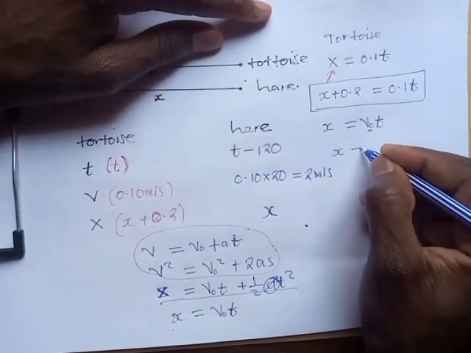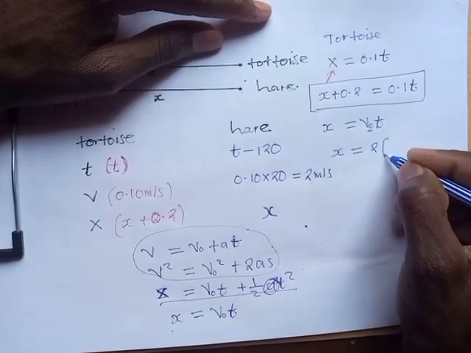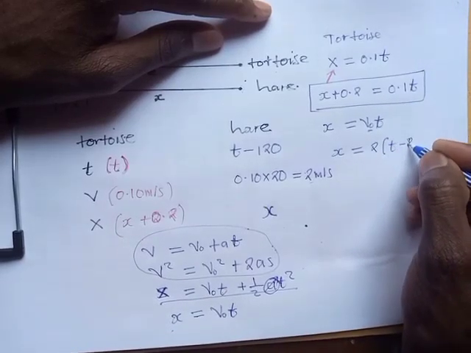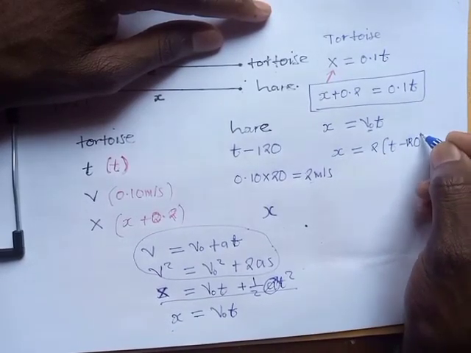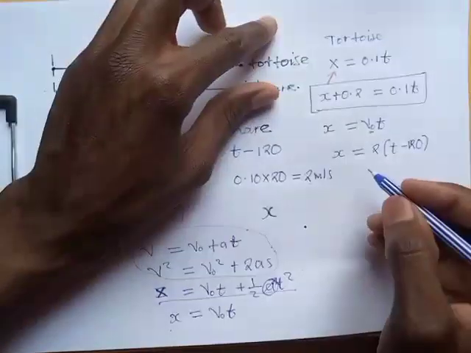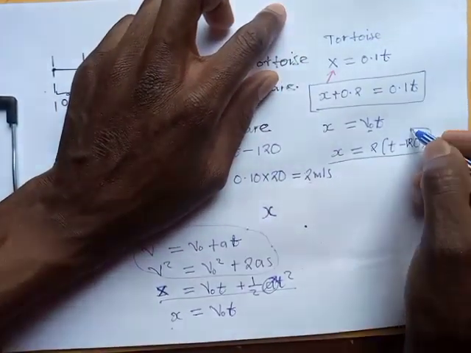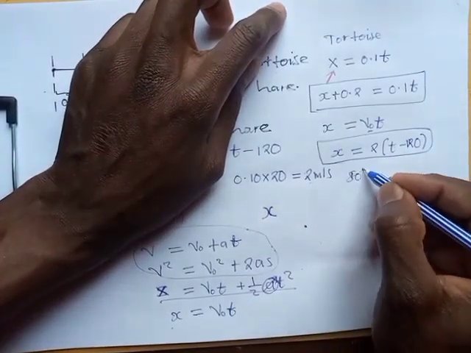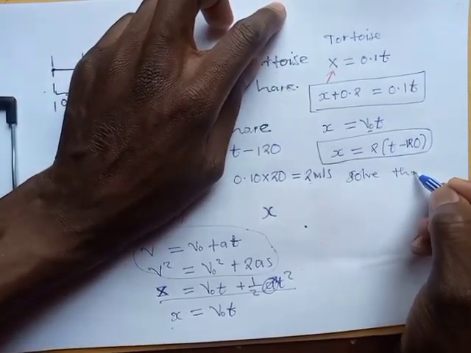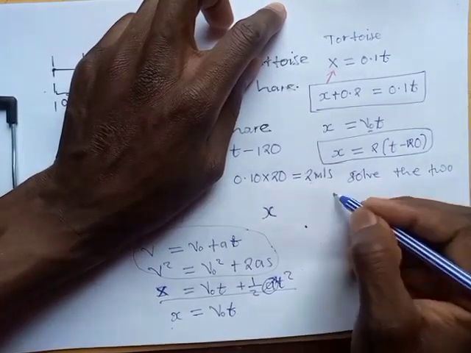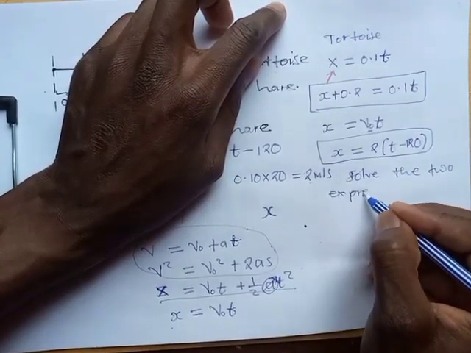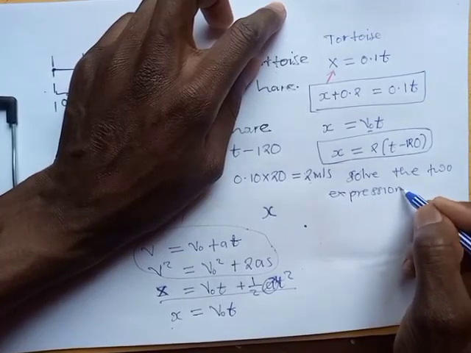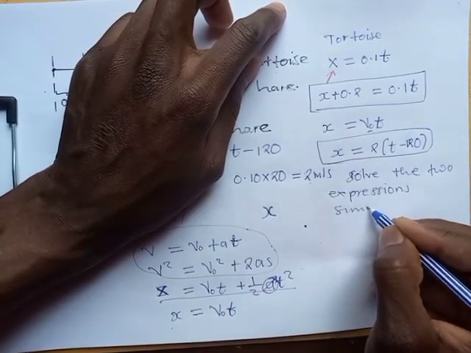So we're going to say x has to be equal to 2 multiplied by t minus 120. So this has to be the expression for the hare. Now I'll solve the two expressions simultaneously.